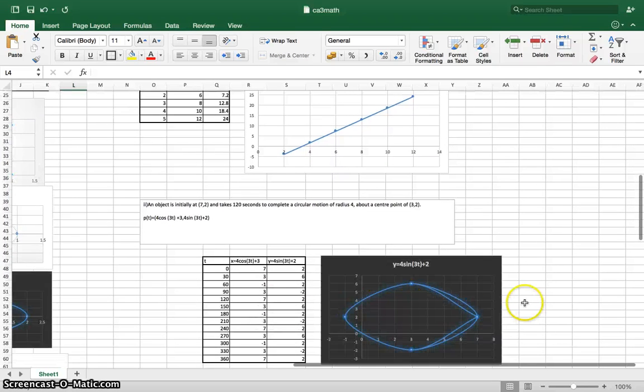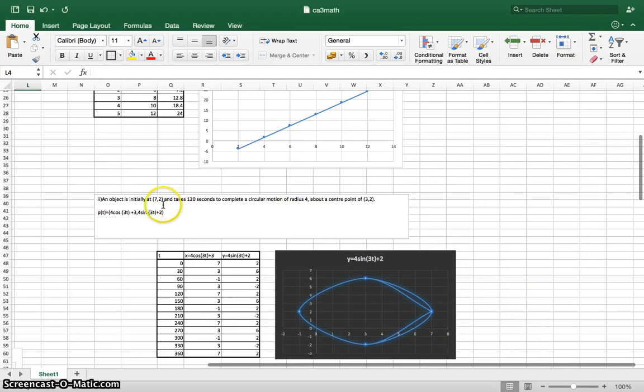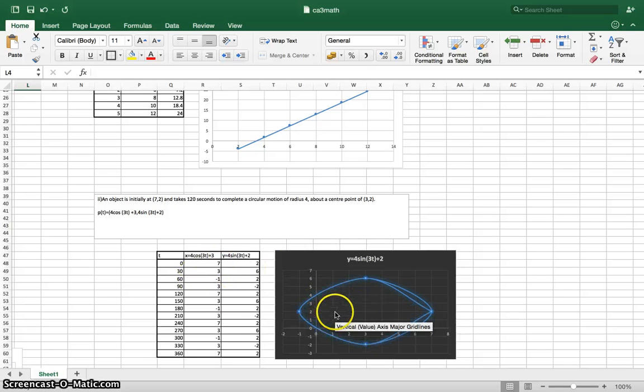And the second object: if an object is initially at (7, 2), it takes 30 seconds to complete a circular motion of radius 4 about the center point of (3, 2). So we can get the value, which is 4 cos 3t and 4 sin 3t + 2, where cos is the x and sin is the y. Cos equals adjacent over hypotenuse, so we are searching for the adjacent one, and sin is the opposite over hypotenuse, so sin is y, the opposite.